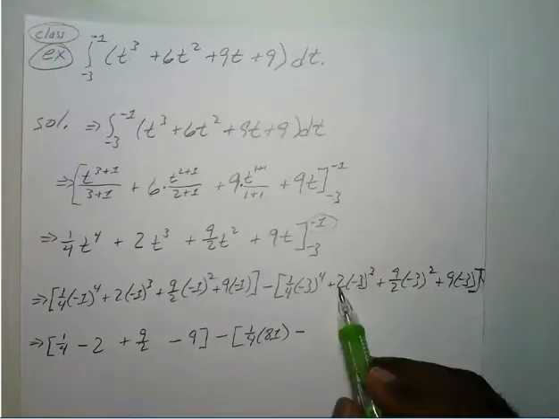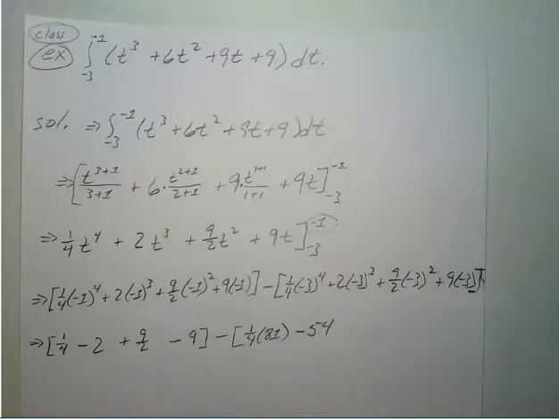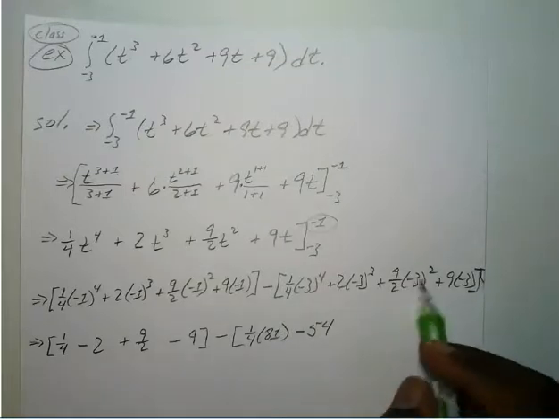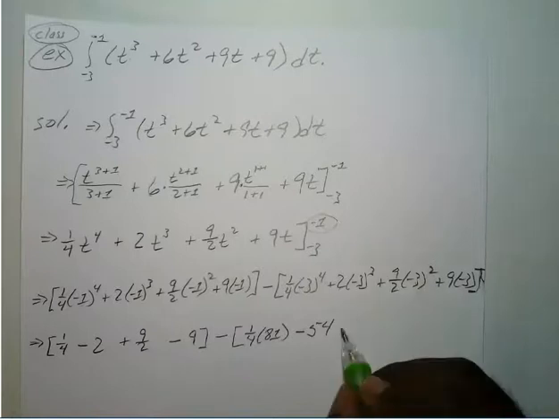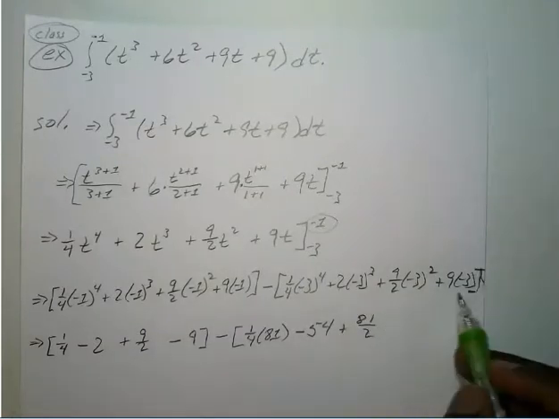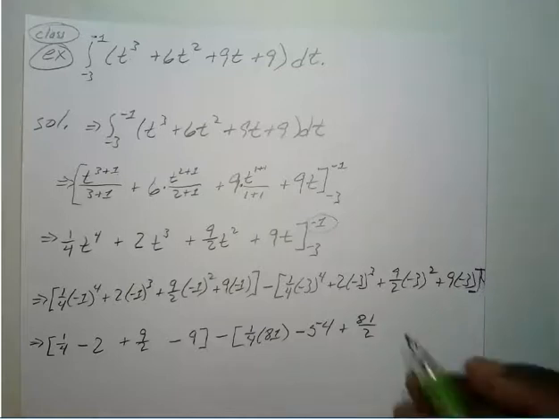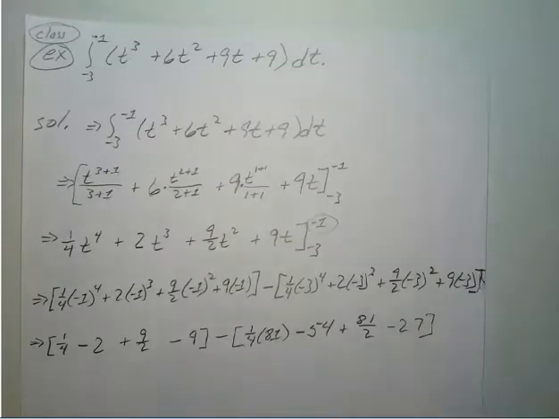Negative 27 times 2 is negative 54. Okay, so negative 3 squared is positive 9. So that would give you 9 times 9, which is 81 over 2. And 9 times negative 3 is negative 27. So that would be our minus 27.